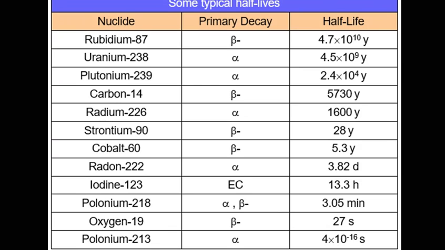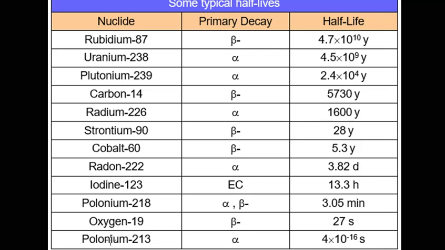I'm just putting it up here for general interest, showing the half-lives of a few different elements. You'll see that there are some very long half-lives, millions of years, billions of years for some of these things. There are very short half-lives for others.